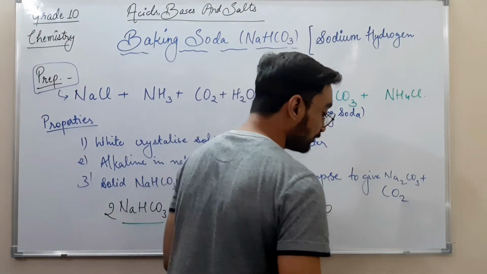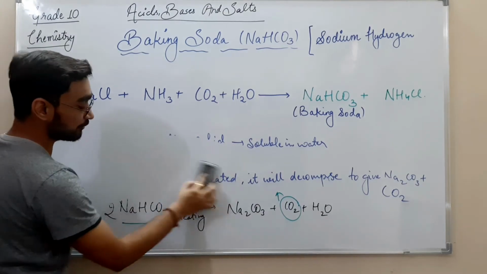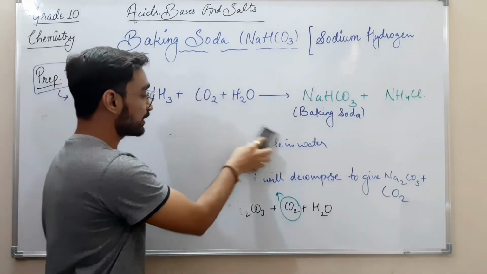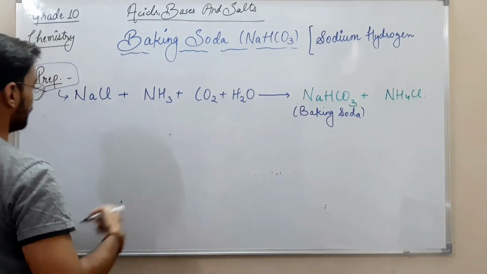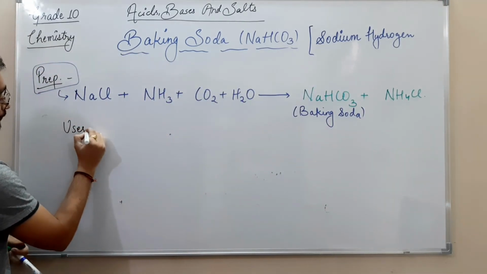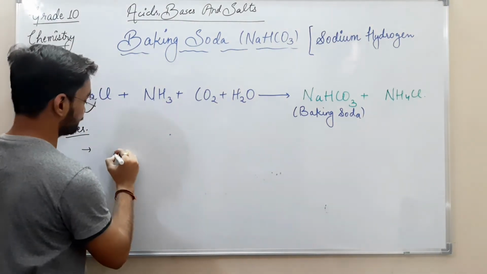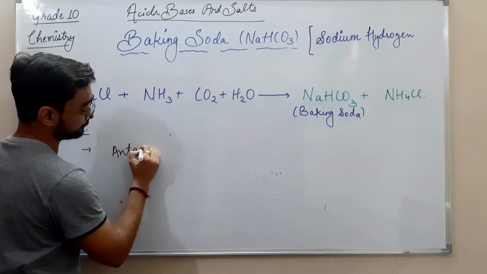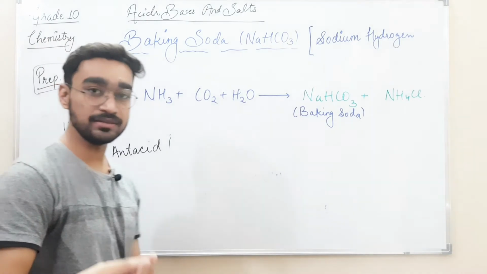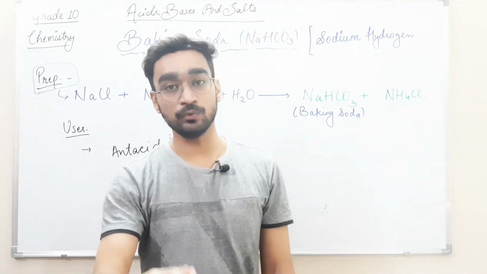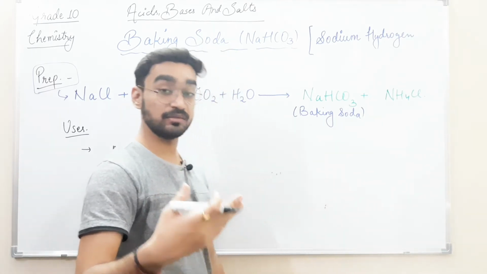Now, more uses of baking soda. One use I have already told you. Another use is as an antacid. What do we mean by antacid? An antacid is a kind of medicine given when your stomach has acidity, meaning a high amount of acid.